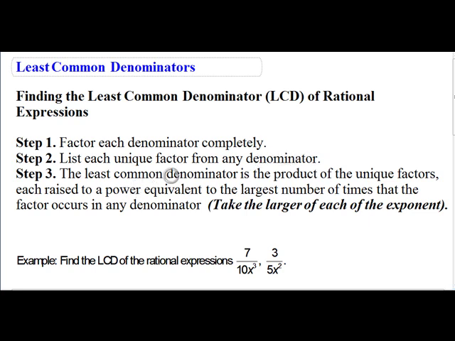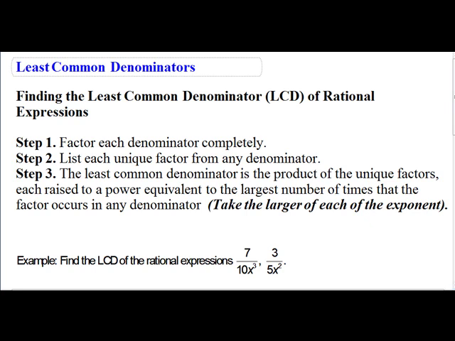The LCD, or the least common denominator, is a product of the unique factors, each raised to the power equivalent to the largest number of times that the factor occurs in any denominator. In other words, if we have a common factor, we take the one that has the larger of the exponents.